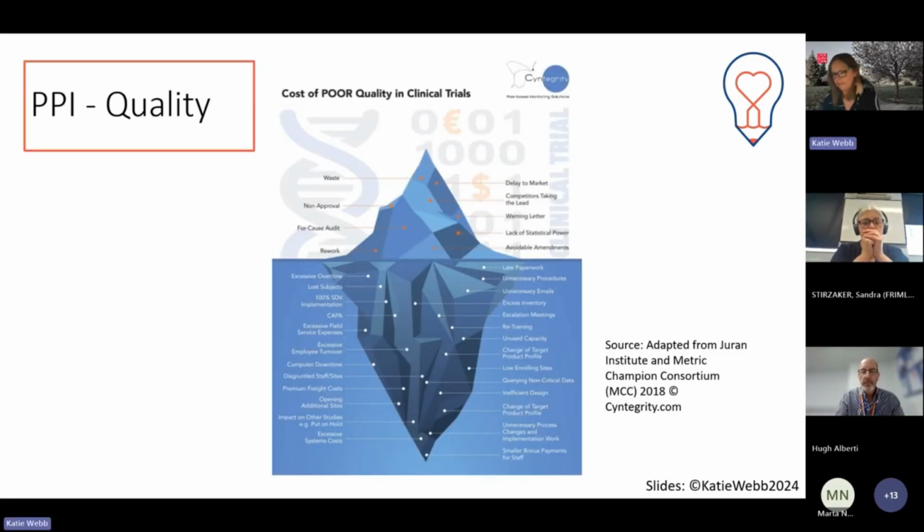And I spoke about efficiency, and if we think about it in terms of an iceberg model, I know that this image gets used a lot within healthcare. It's really important that we think about where our time and attention goes. If we have early involvement and co-production early, we seek to avoid some of these wastes and deleterious effects to the research process.